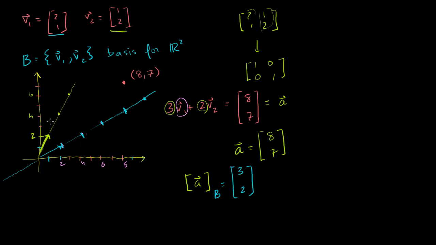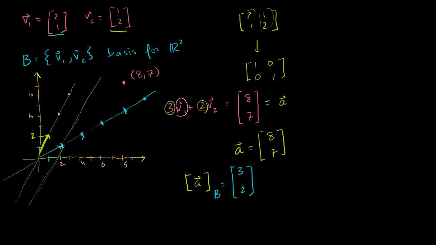So you should be thinking of it as a coordinate system. You can have this new skewed graph paper where any point you can now specify as going in the v1 direction by some amount, and then going in the v2 direction by some amount. Let me draw that as a bit of graph paper. So I could draw another version of v2 just like that, all the multiples of v2.